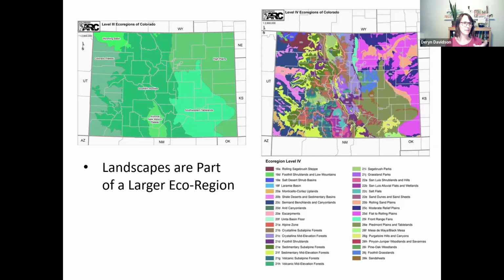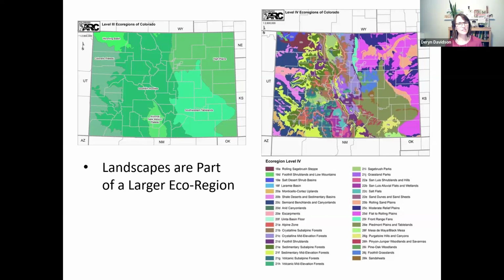You can see in the map on the left, that's sort of a higher viewpoint. I don't know if you can read the tiny print there, but the bright green in the bottom right is the southwestern tablelands. Then you have the High Plains, the Wyoming Basin, Colorado Plateau. So all of these are named.